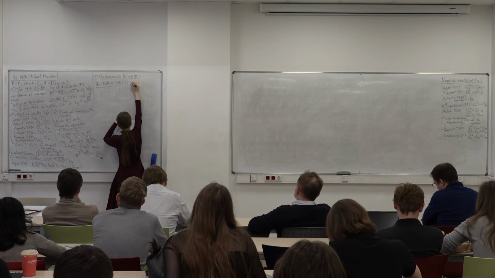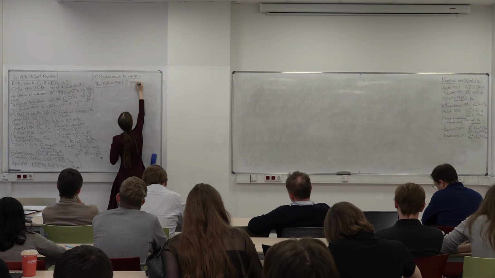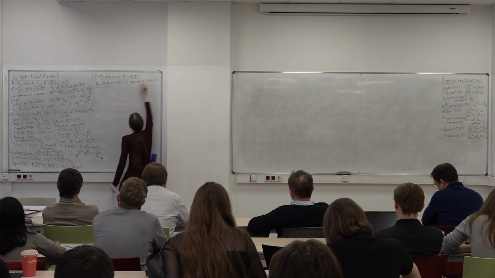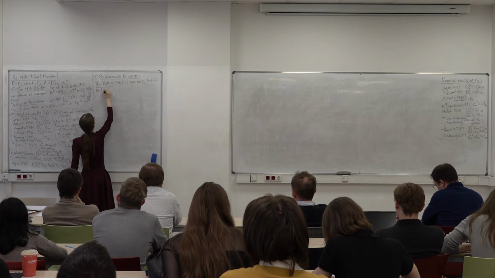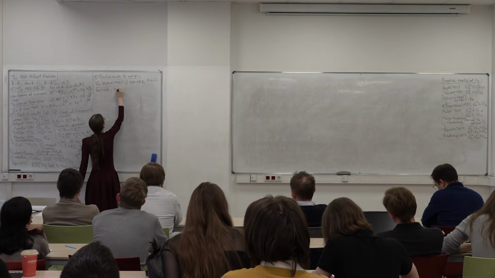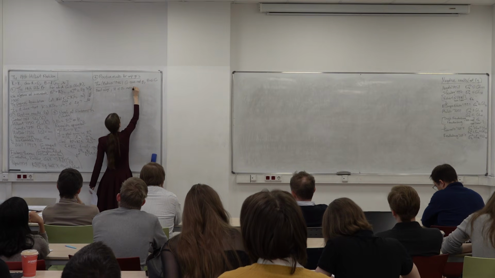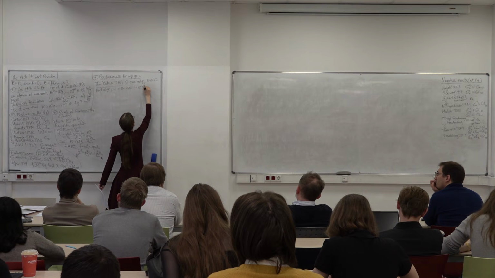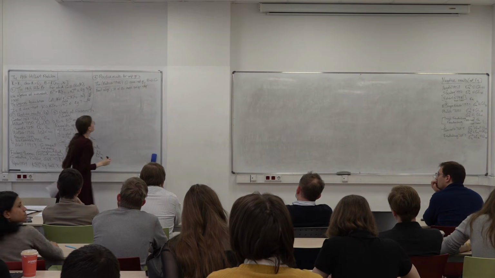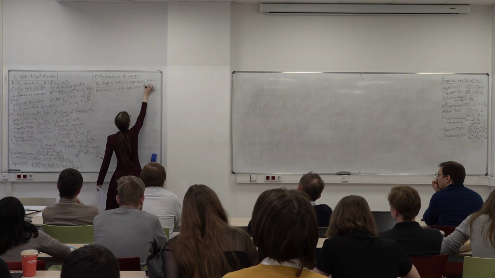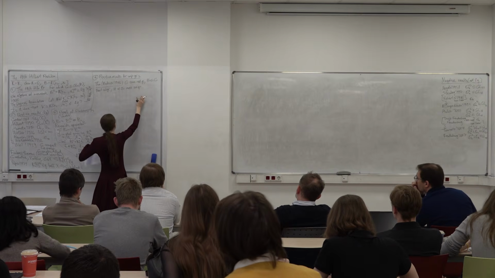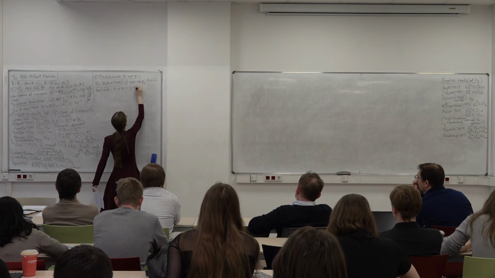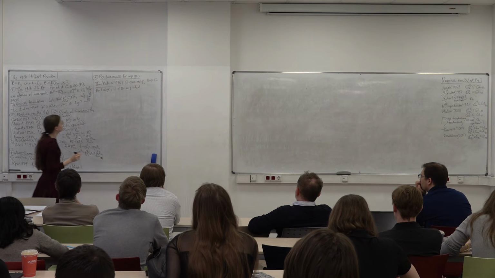Let G be a connected reductive group, B its Borel subgroup, and U the maximal unipotent subgroup in B. So better to say the unipotent radical. This is a maximal unipotent subgroup in G and the unipotent radical in B.